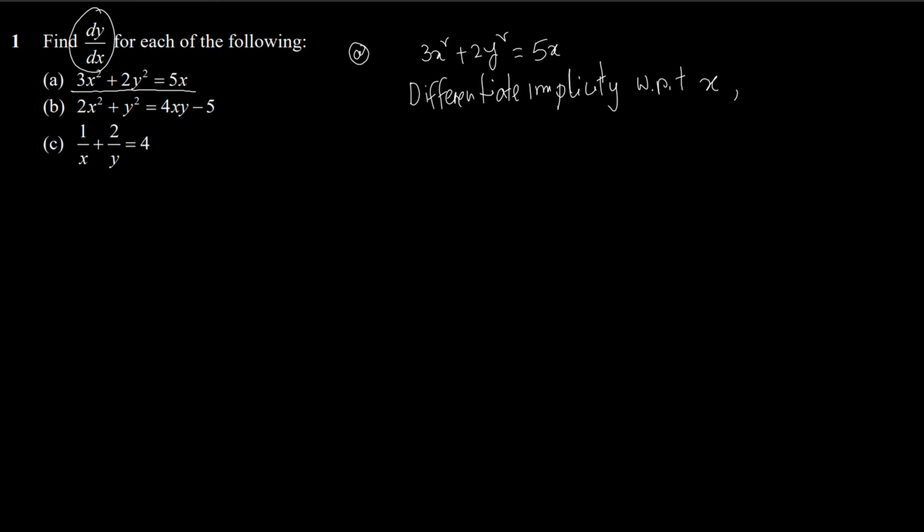If we apply differentiation with respect to x, we write d by dx of 3x square plus d by dx of the expression 2y square equals d by dx of 5x. With respect to x, if we differentiate 3x square, it gives us 6x.